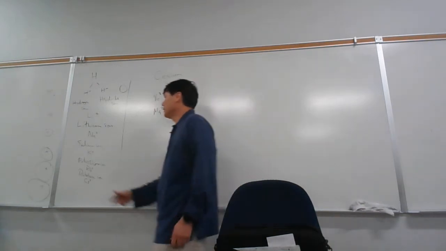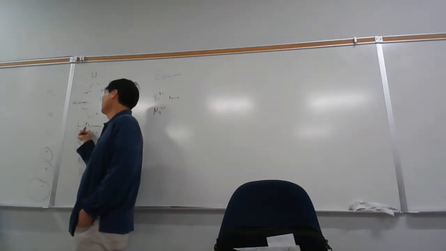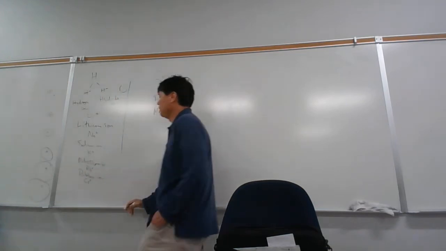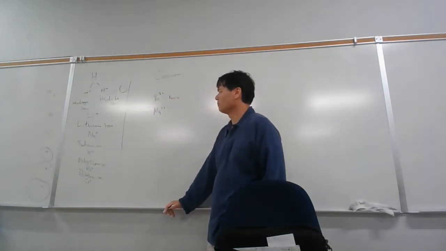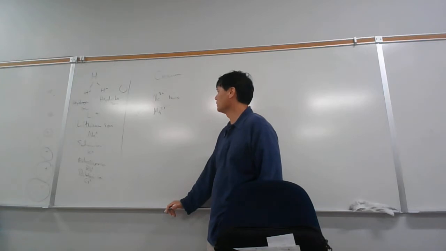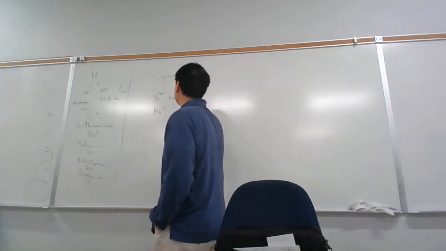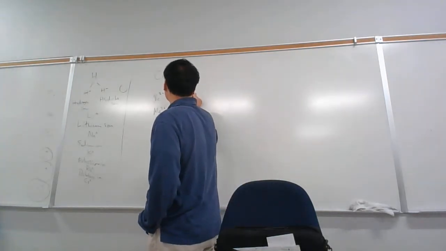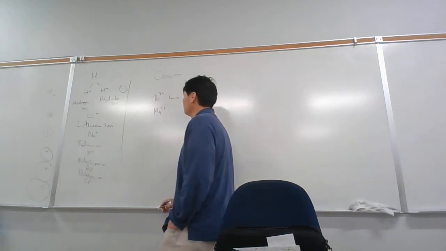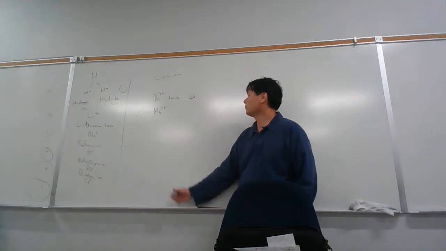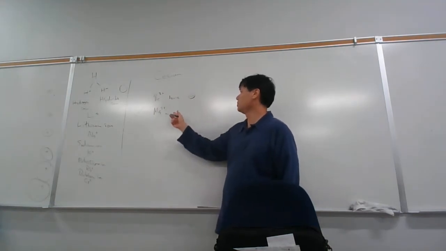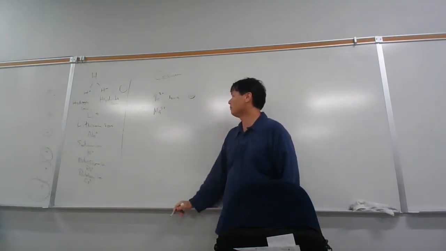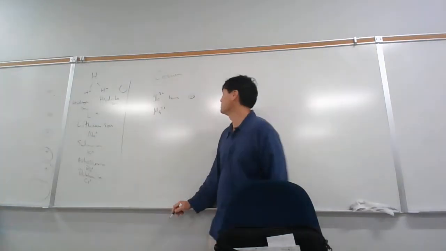Now, if we compare lithium to beryllium, what do you think is bigger? Lithium's bigger, beryllium's smaller. That's correct. So beryllium's got 2 plus, and it's smaller. Now, compared to beryllium to magnesium, which one's bigger? Magnesium's bigger.